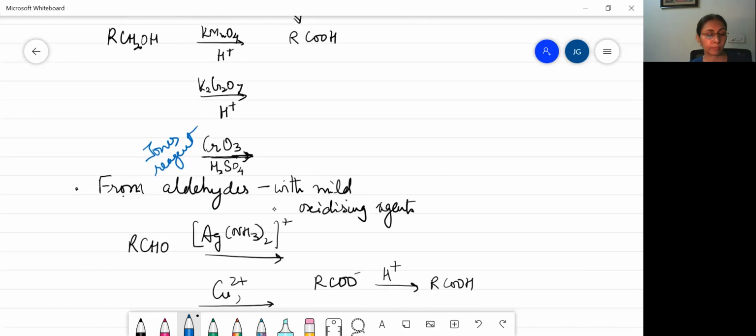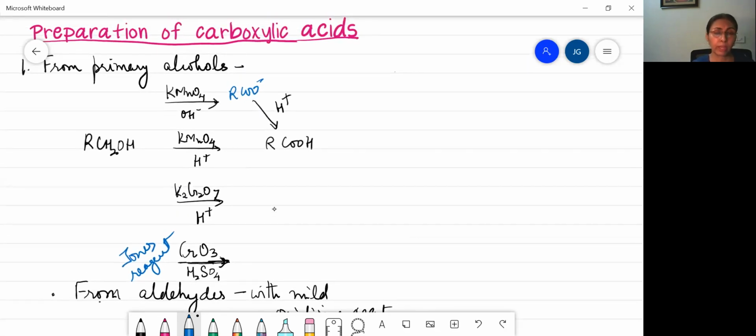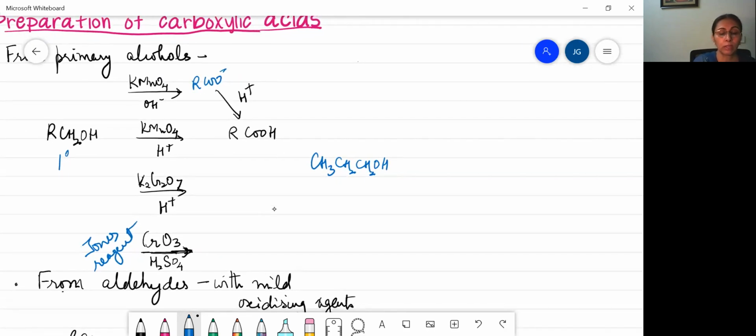So these are the various ways by which primary alcohols can be converted into carboxylic acids. If I give you some examples, let's say I take propan-1-ol.